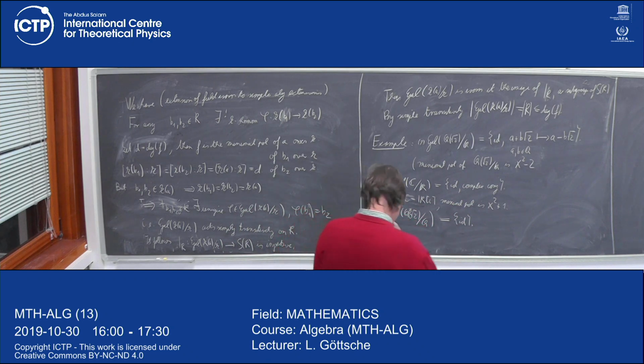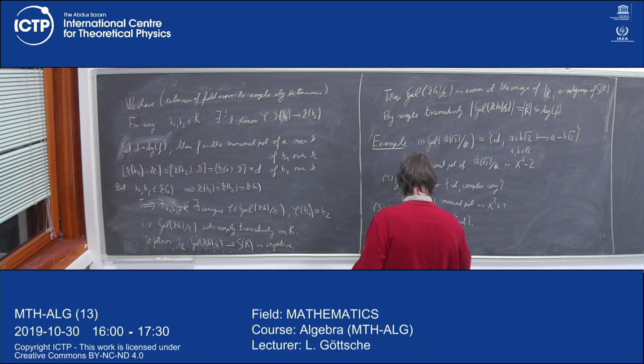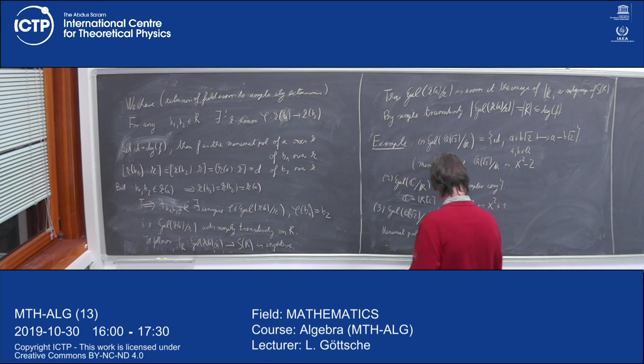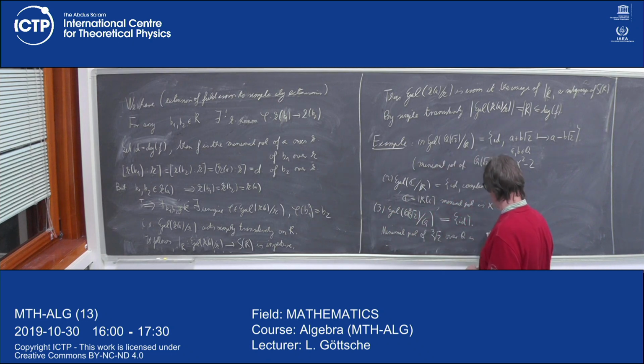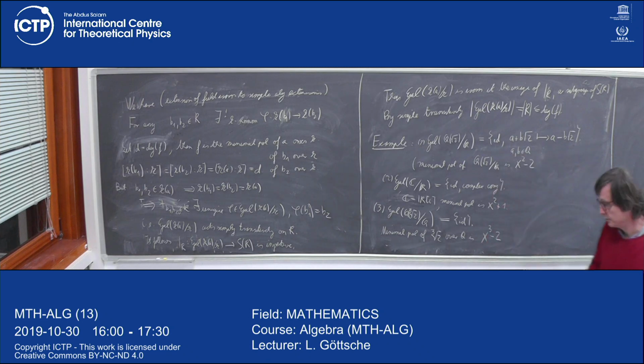And why is that? The minimal polynomial of ∛2 over Q is, what is it? x³ - 2. We know that's irreducible, and it's therefore the minimal polynomial.